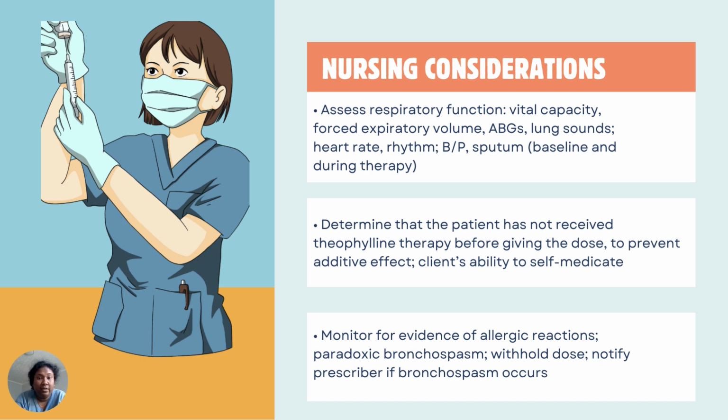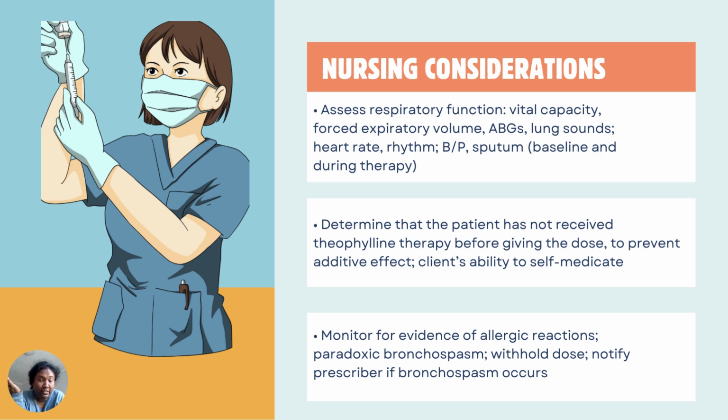And lastly, monitor for evidence of allergic reactions. Paradoxic bronchospasm is a life-threatening side effect which is observed with drugs belonging to the SABA category or any of the bronchodilators, where patients can go into bronchospasm after taking the inhalation.